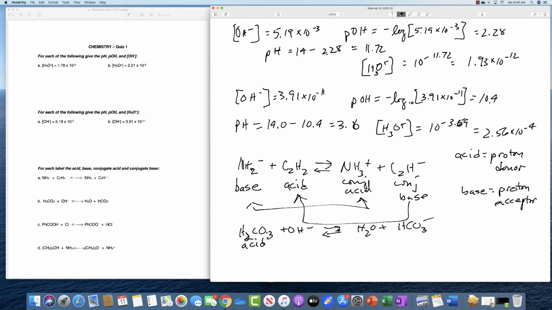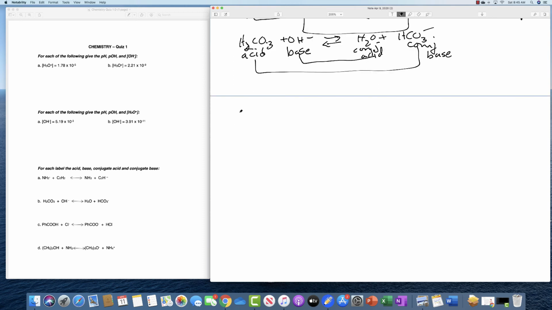This one gains a hydrogen, so it's the base, it's the proton acceptor. And then going back in the other direction, when we go this way, this loses a hydrogen, so this is the conjugate acid. And this one, as it goes from here back to here, it gains, so it's the conjugate base.